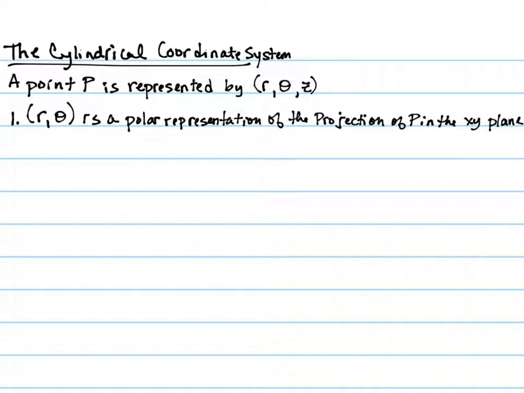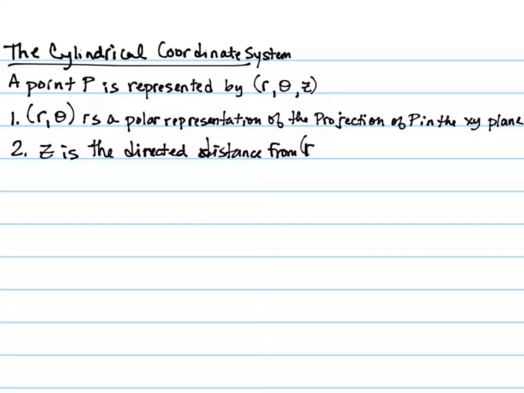And then z is the same thing it is in the rectangular coordinate system. No, that's not a z, it's supposed to be a 2. Goodness. Z is the directed distance from r, theta to the point P. So it's the vertical distance.